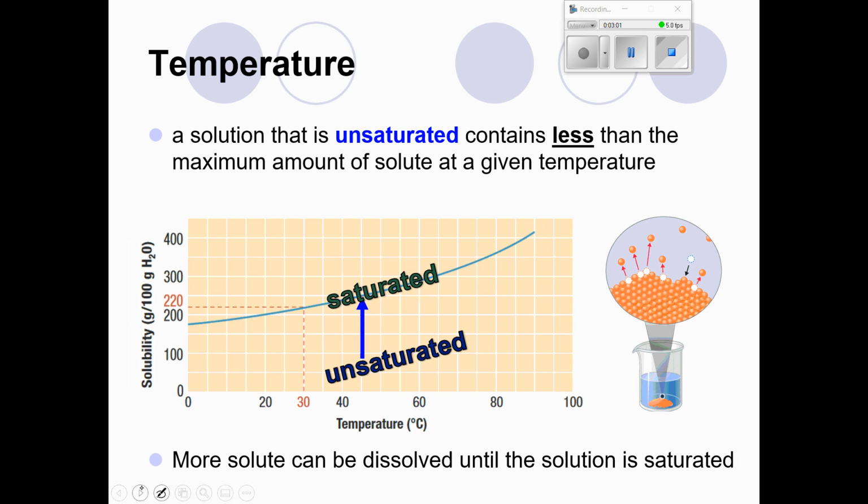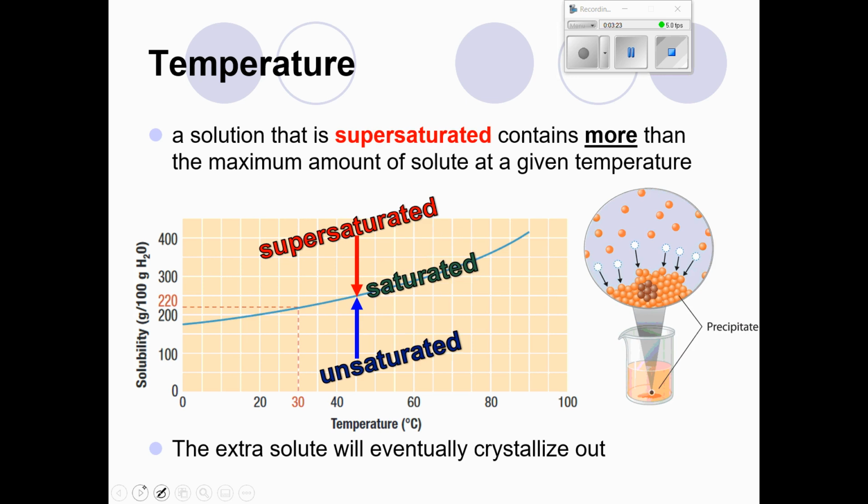If you dissolve less than that amount, we say the solution is unsaturated. So for example, if I dissolved 100 grams of sucrose at 20 degrees Celsius, I still have room to dissolve more sucrose. I'm not full, so the solution can still hold more sucrose. So we say it's unsaturated as a result.